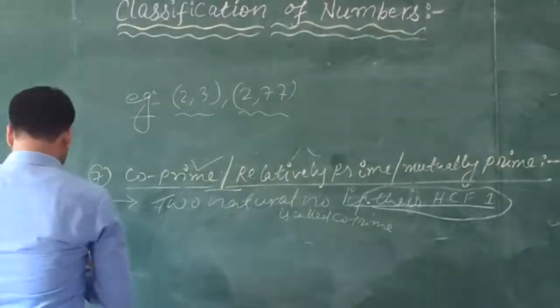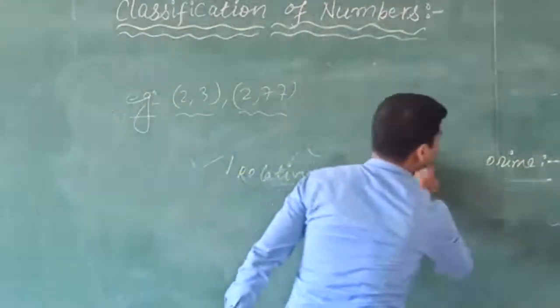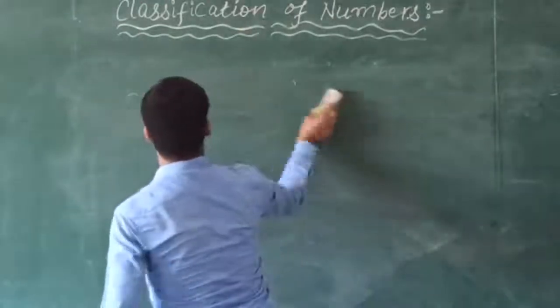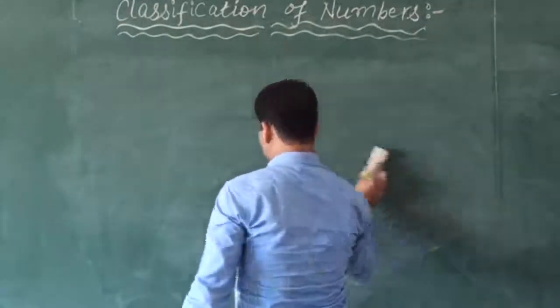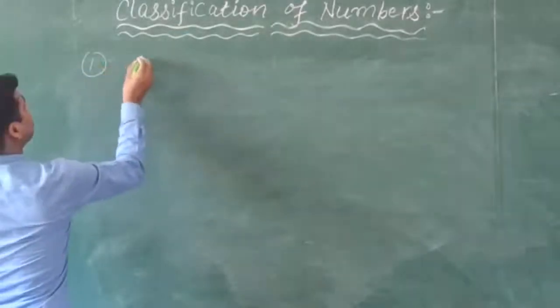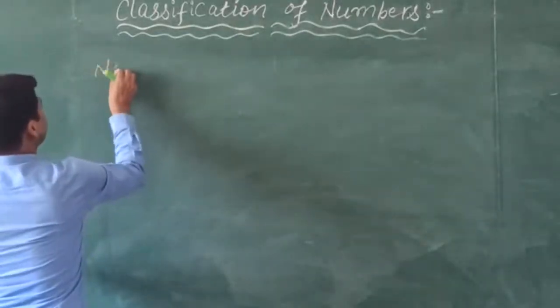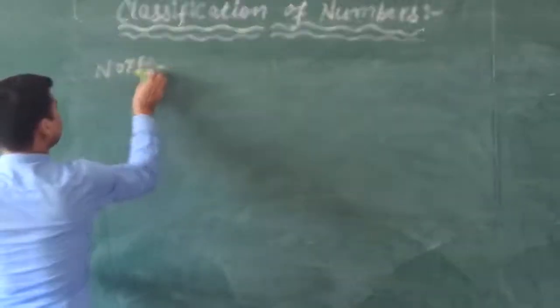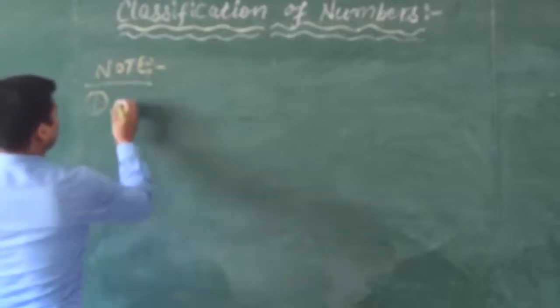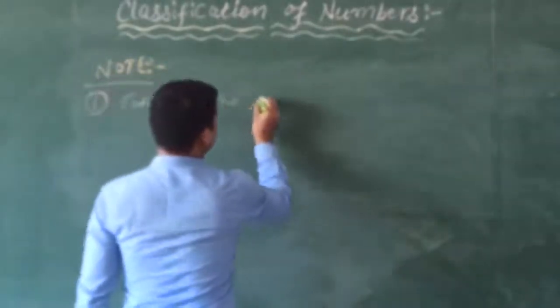Now we are going to discuss some important notes. First note: 2 is the smallest even prime number.